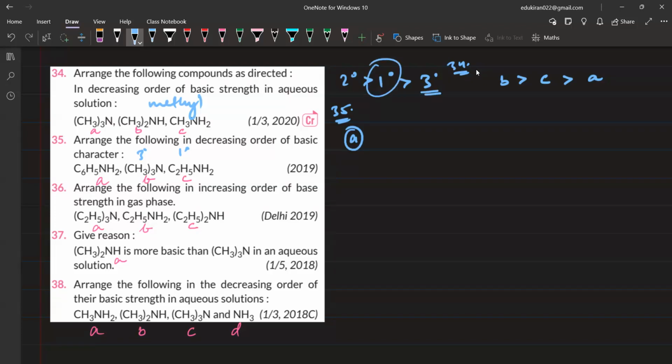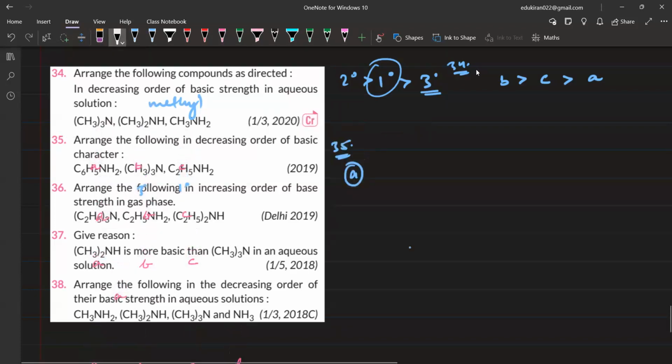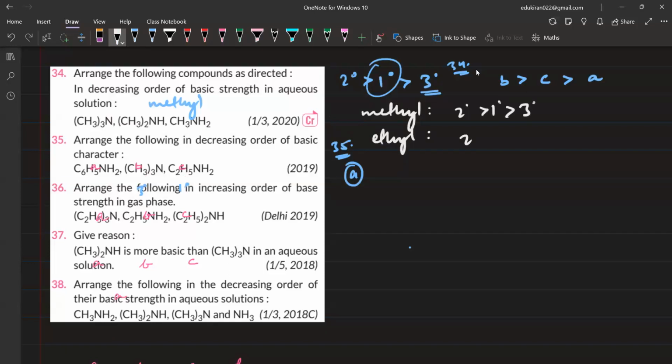And in the case of ethyl, what happens? 3 degree is more and 1 degree is less. So here we have to understand a little. Just give me a second. In the case of methyl, we have 2 degree, then 1 degree and 3 degree. In the case of ethyl, we have 2 degree and then 3 degree and then 1 degree.